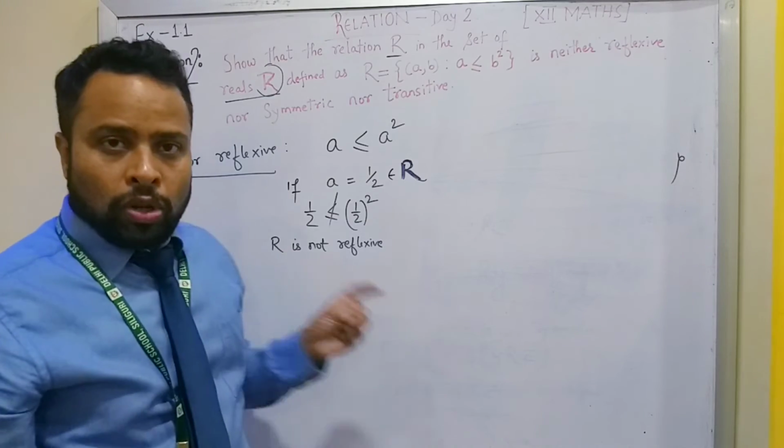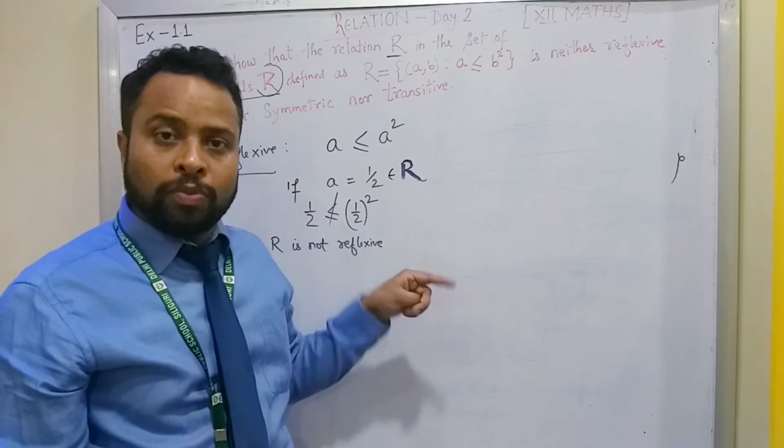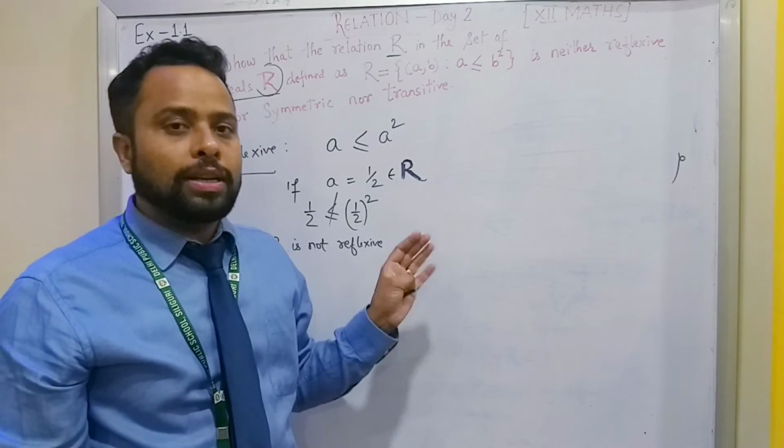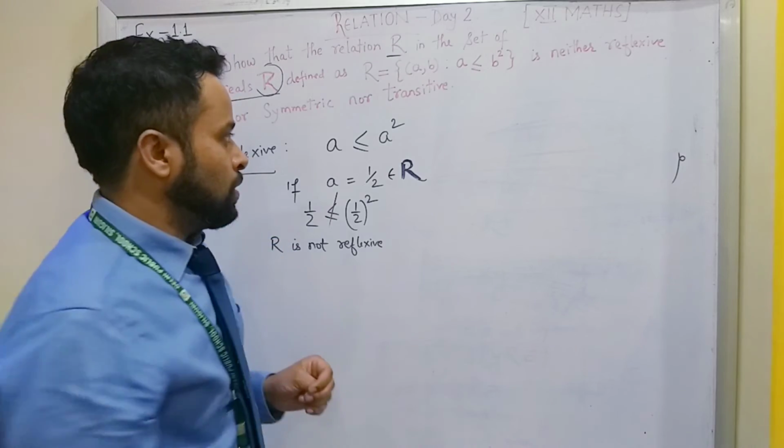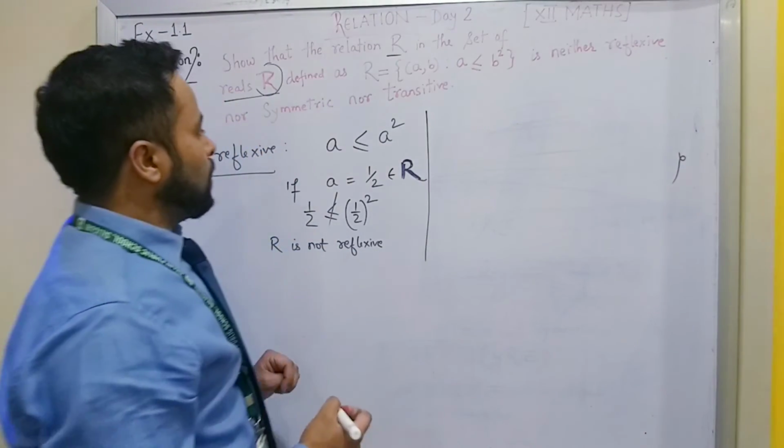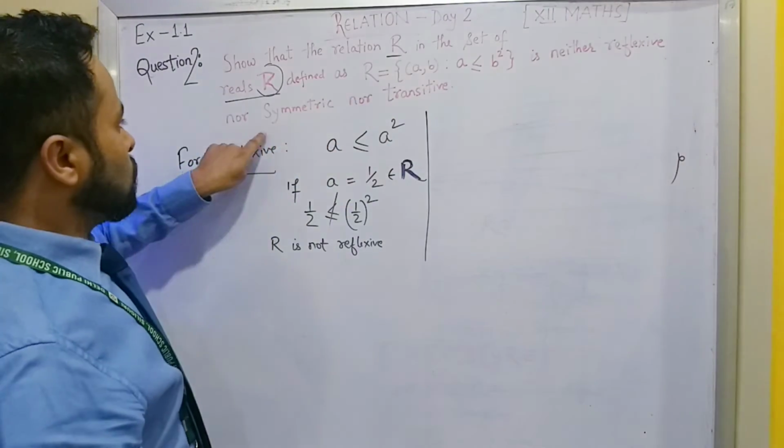When you have to prove not, give an example. When you have to prove yes, write in general form. Do not quote an example. I have to prove it is not symmetric.